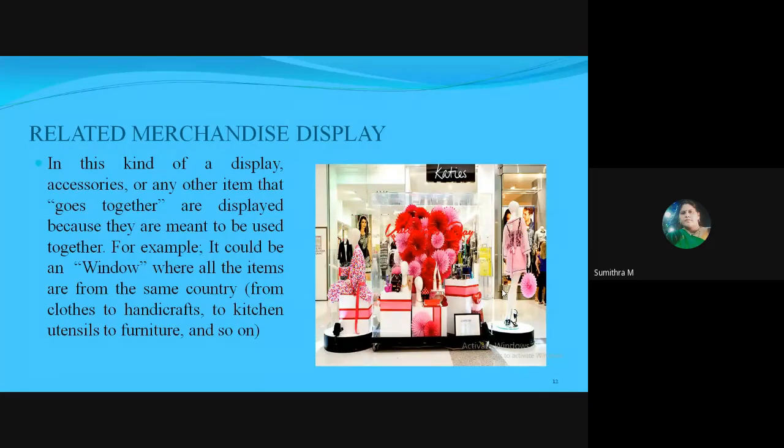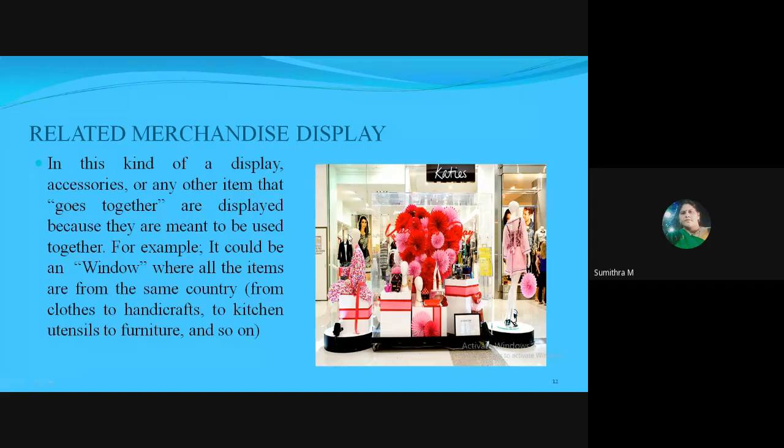Related merchandise display is a kind of display of accessories or any other items that go together, displayed because they are meant to be used together. For example, here on the mannequin, one pink and red garment is displayed, and here, if you see, accessories are used which are related to wearing this garment: bangles, necklace, and here another garment is displayed.